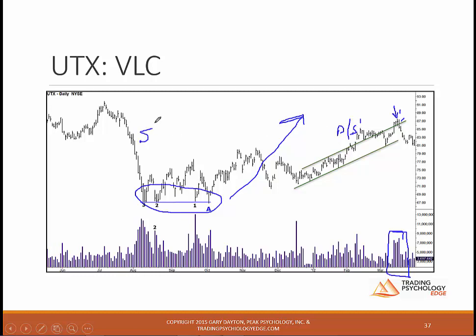Supply was clearly in control over here. This was accumulation, the mopping up of supply and the creation of demand. And now we have what's called effort and result. A lot of effort, no result here. A lot of effort in the volume, no real result in propelling these prices up higher into 91 or so.